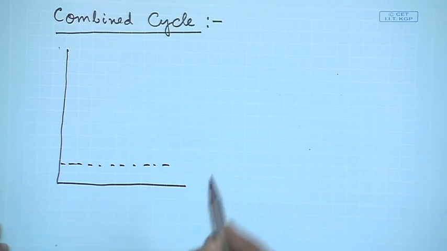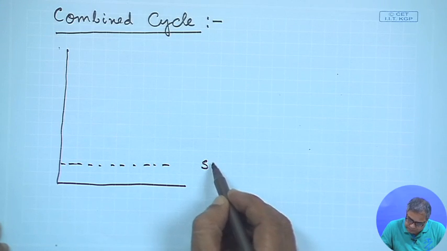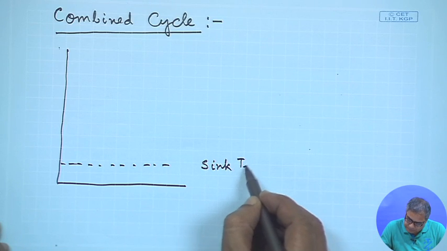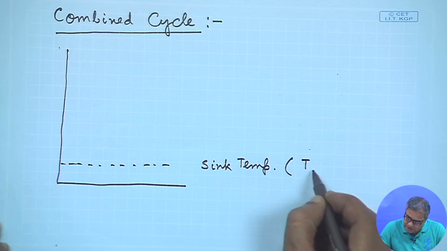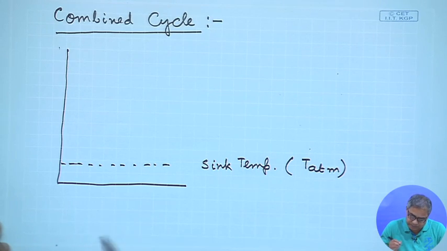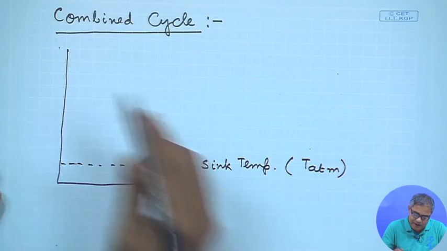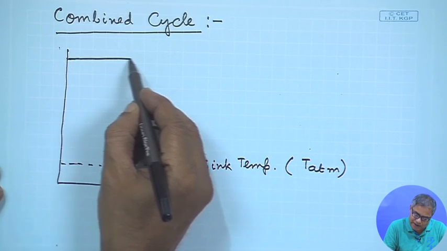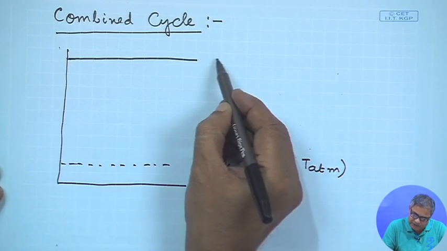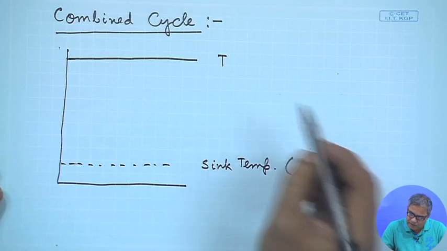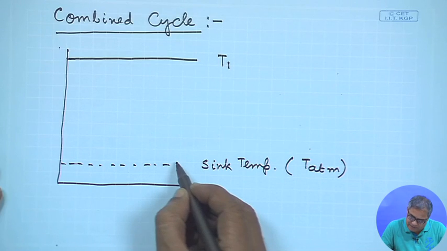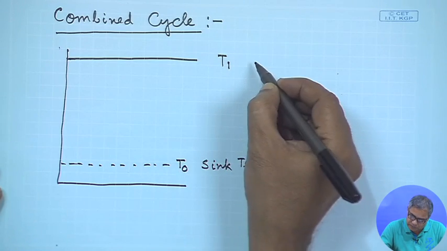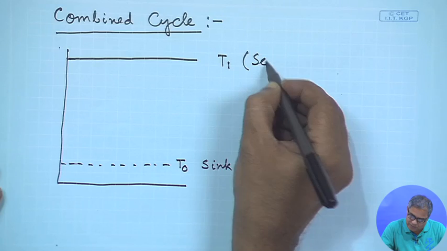So, let us say this is your sink temperature and this is T atmospheric, and let us say depending on the fuel we are having a certain temperature. This is T 1 and let us say this is T 0, this is your source temperature.